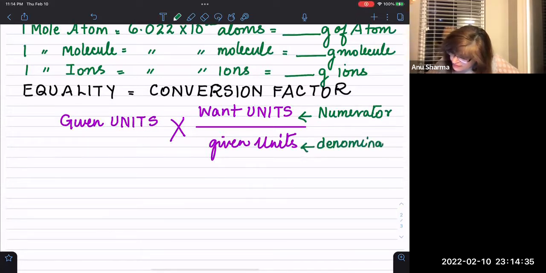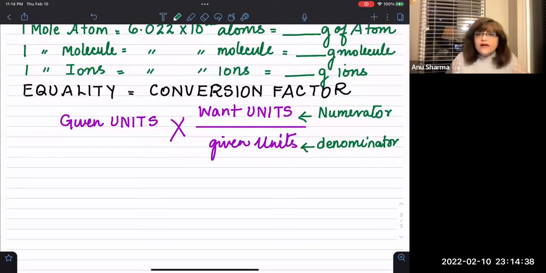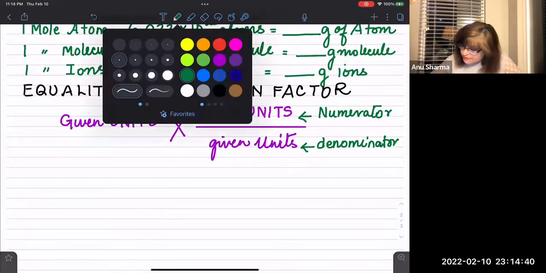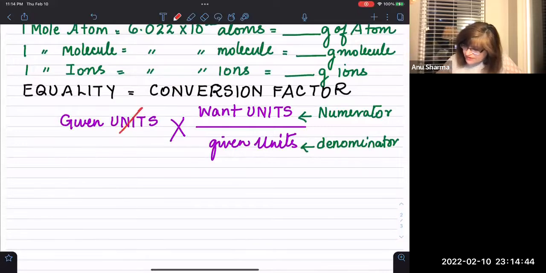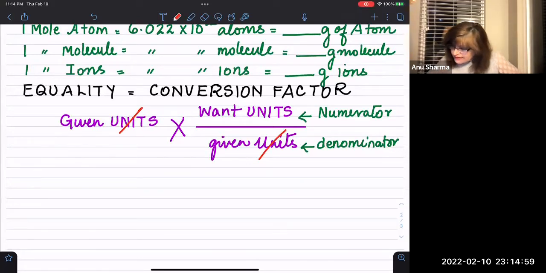Denominator is at the bottom. Now why do we put the given units there? Here, the given units and the other units in the equality, in other words, the ones that you're trying to convert from, they cancel out. And this piece is coming from the equality.